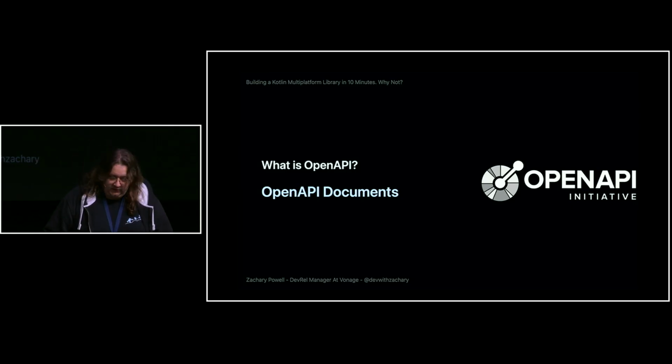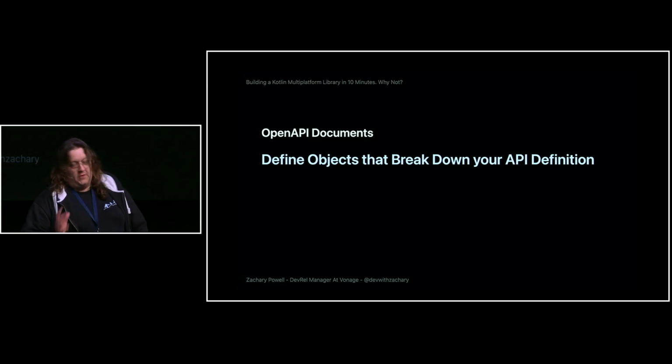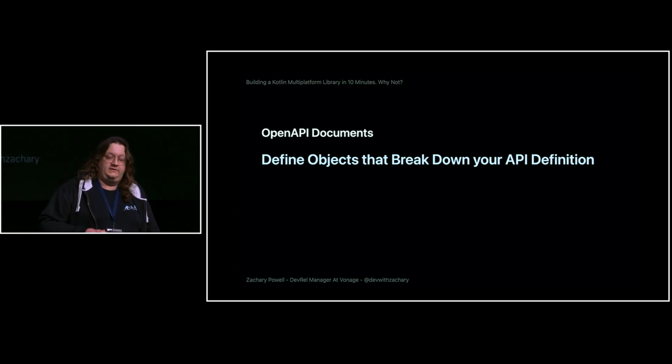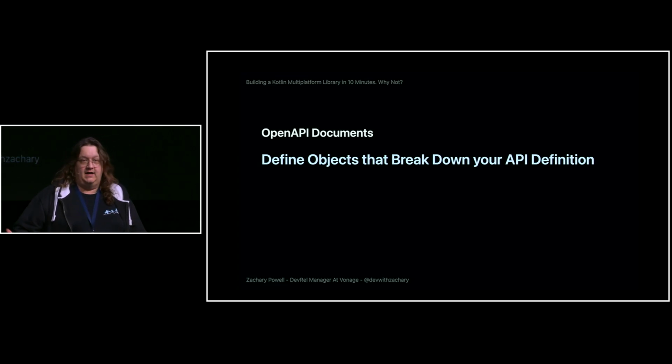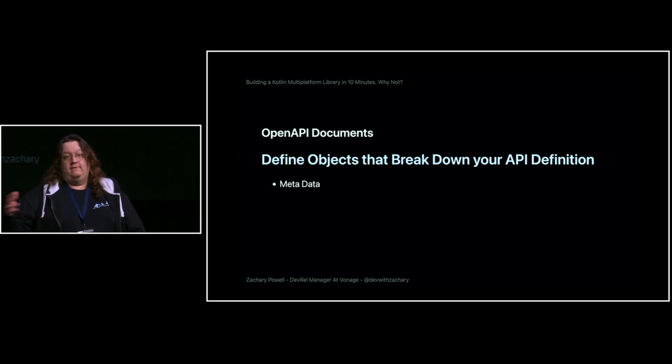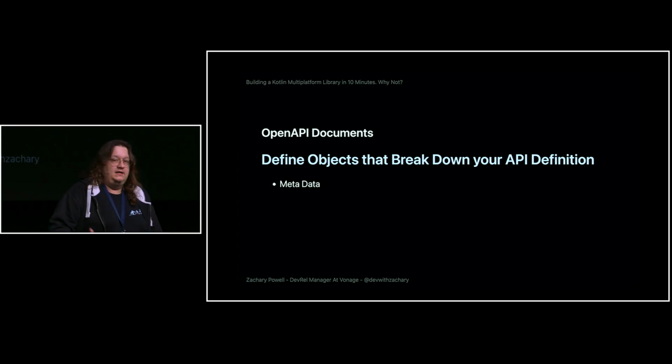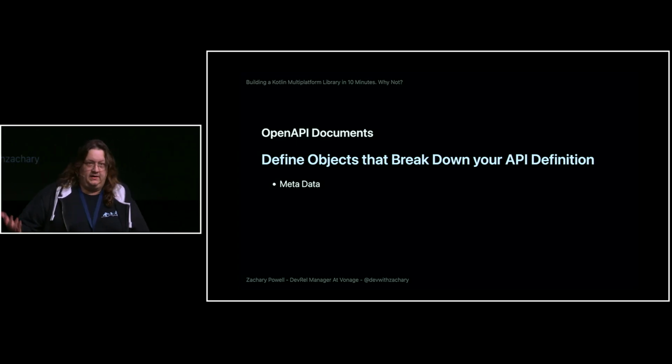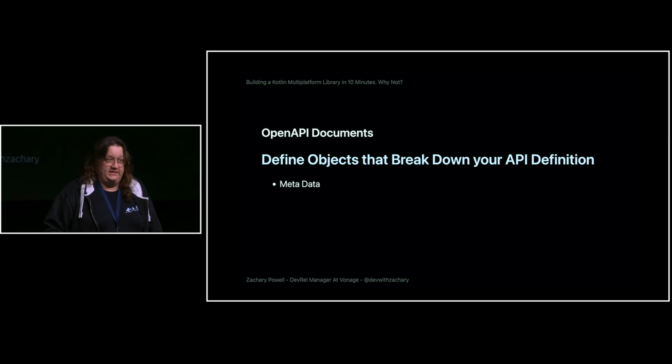So you do this through OpenAPI documents. And OpenAPI documents define objects that break down your API definition. These objects might include things like metadata, so things like who wrote the API, when was the API last updated, what's the version of the API, what's the license attached to the API if there is one, all these sorts of things.